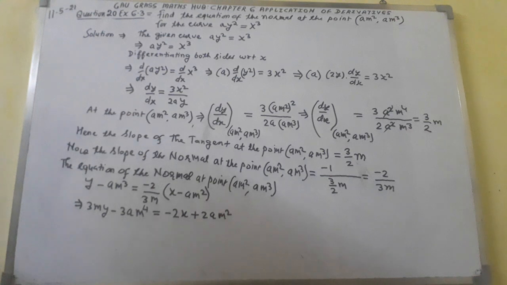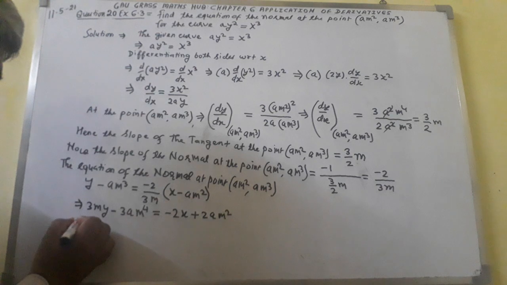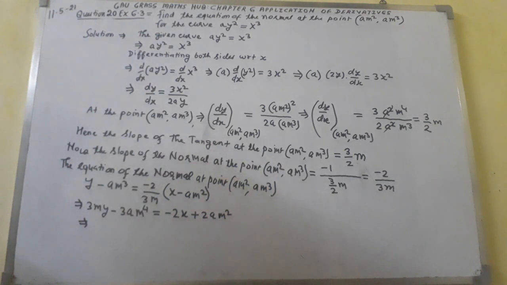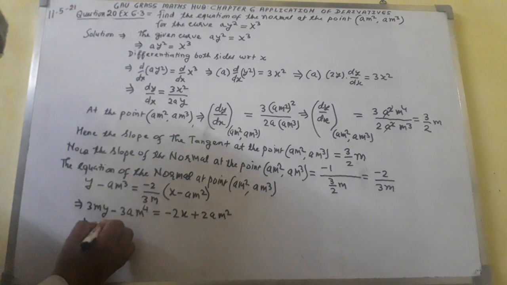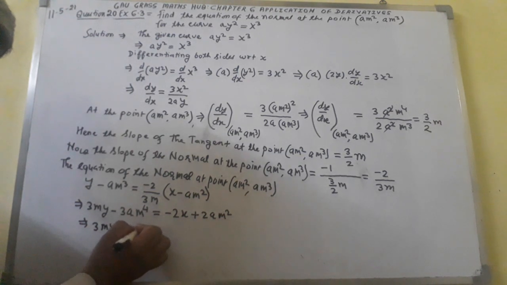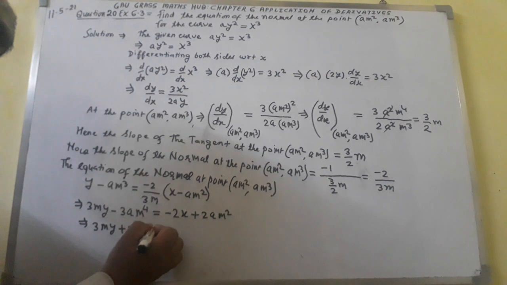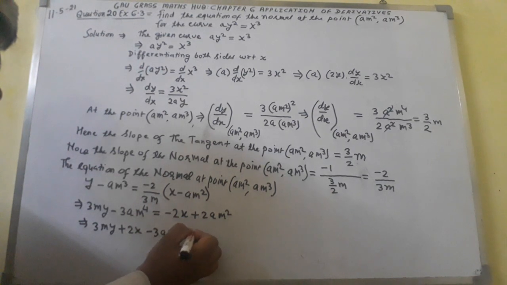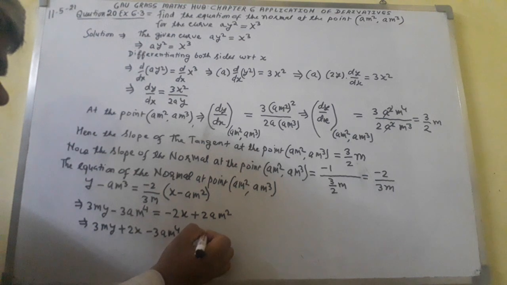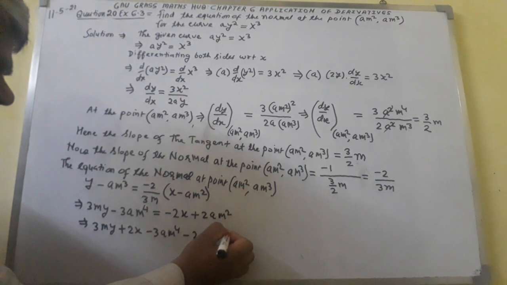Now what will we do next? Next I shall write: 2x plus 3my minus 3am⁴ minus 2am² equal to 0.